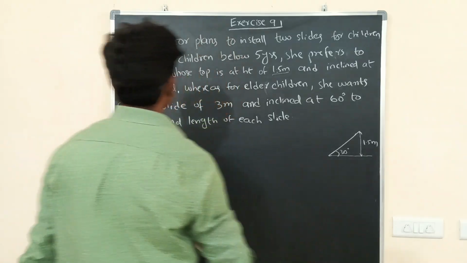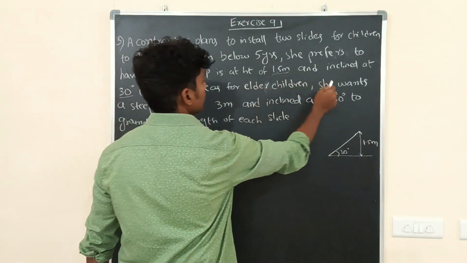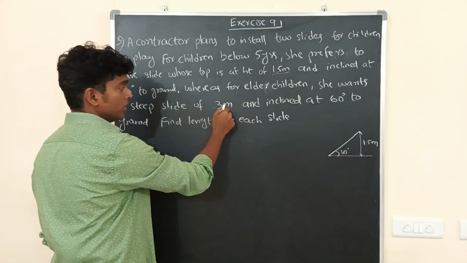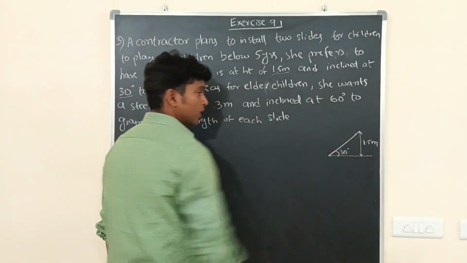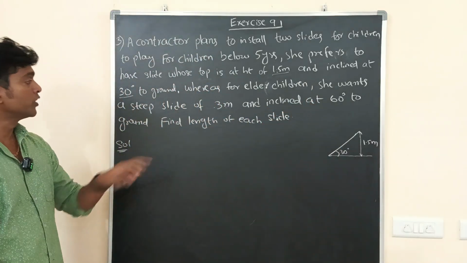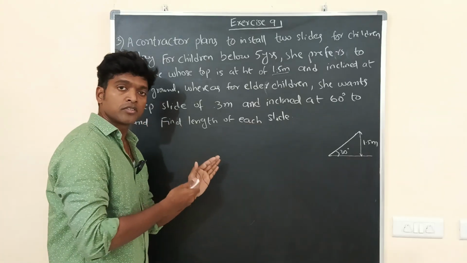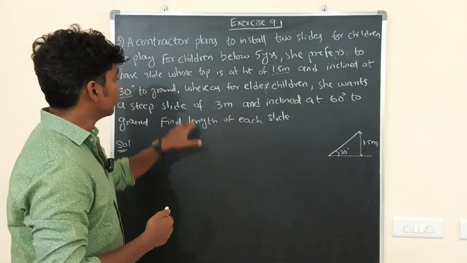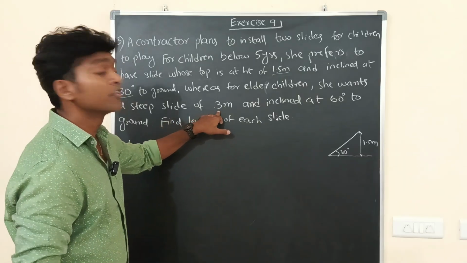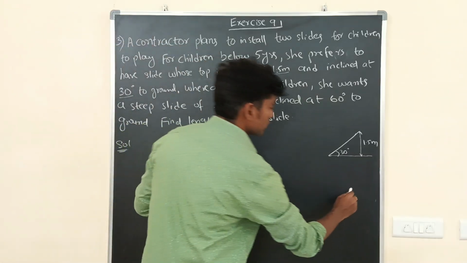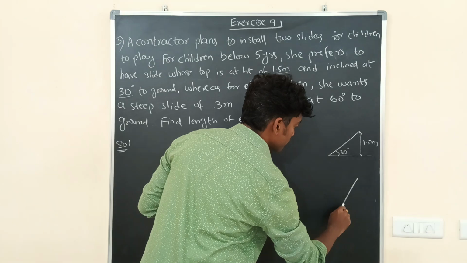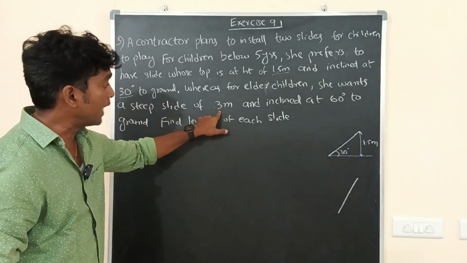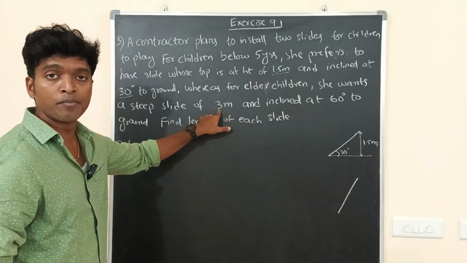Next, another one. Whereas for elder children, she wants a steep slide of 3 meters inclined at 60 degrees. Steep means something which has more slope. So for this one, the height of the top is 3 meters from the ground.